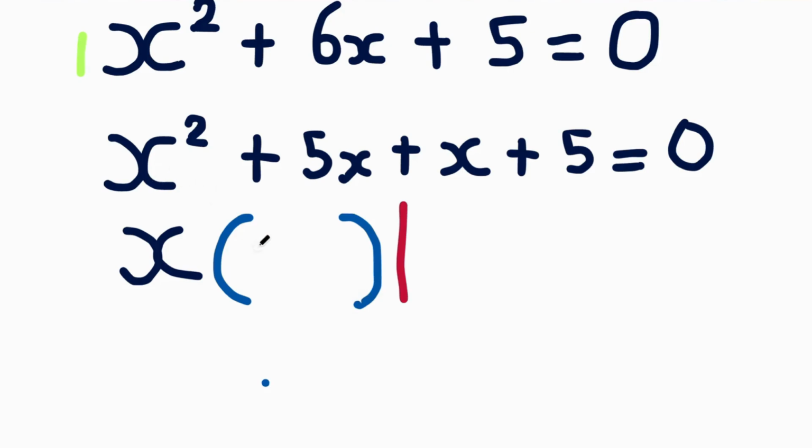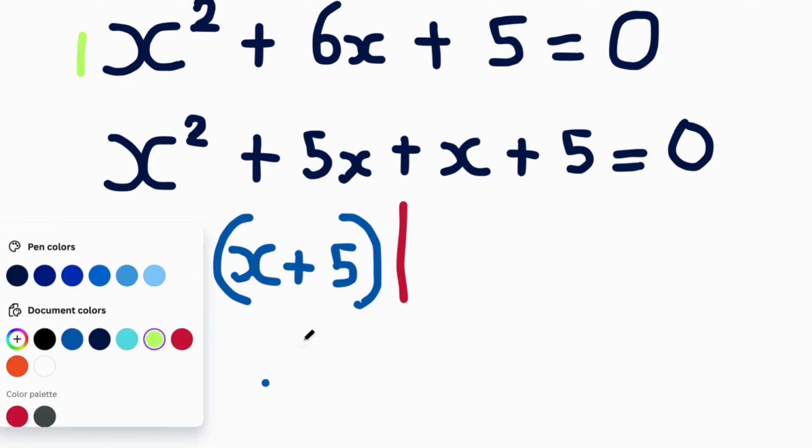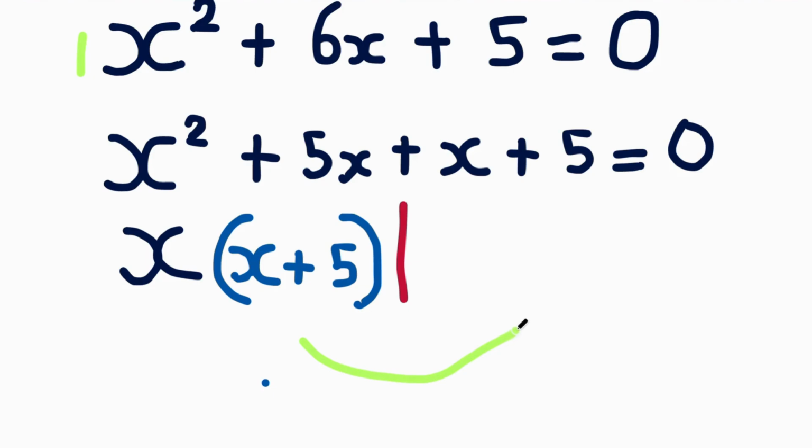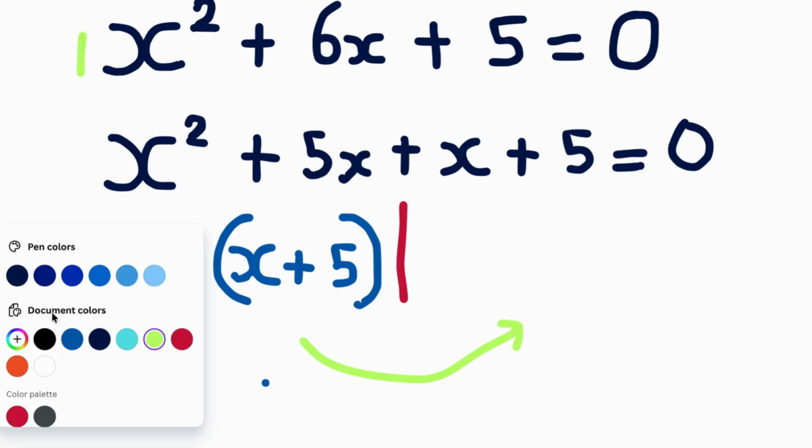Why am I doing it in a different color? Well, this is where the magic happens, I guess. X plus 5 is the first bracket we've obtained. When we go to factorize the right side, which in this case is quite easy, but when it gets challenging, this is extremely useful, you can simply insert the first bracket that you have on your left side on the right side.